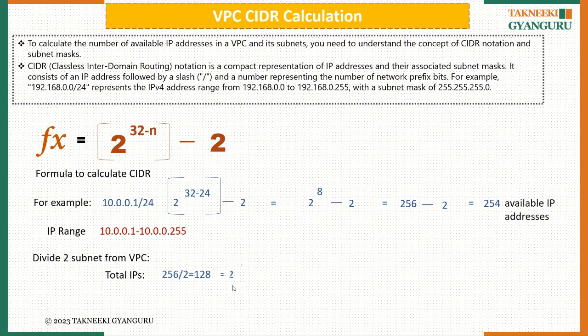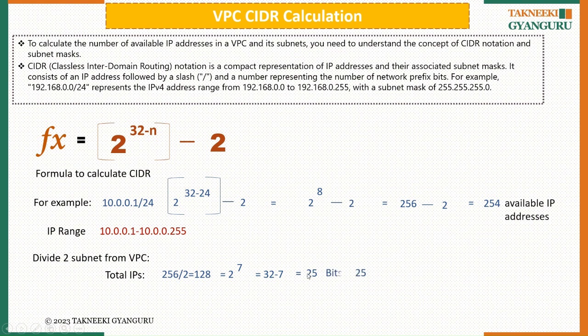Now 128 is 2 to the power of 7, so we reverse the formula. With 32 minus n, we have 32 minus 7, which is 25. So our bits should be 25.